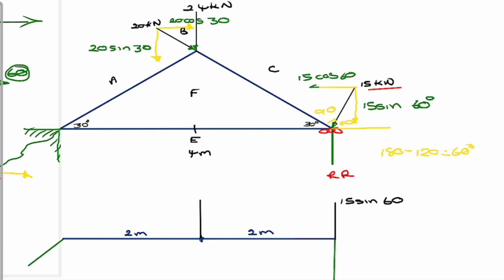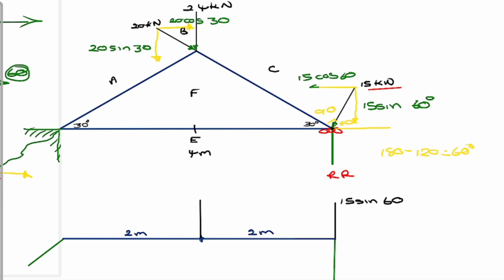We don't have a horizontal component over here. The reason is, we have a horizontal component, but the height will be 0 because it's acting on the hinge, on the same point as our member here, the other member.